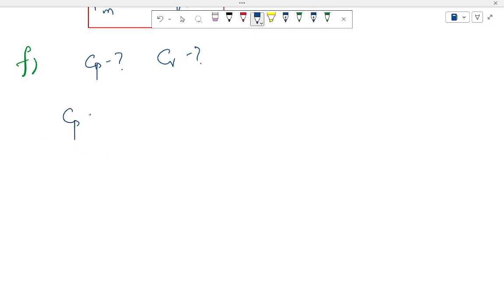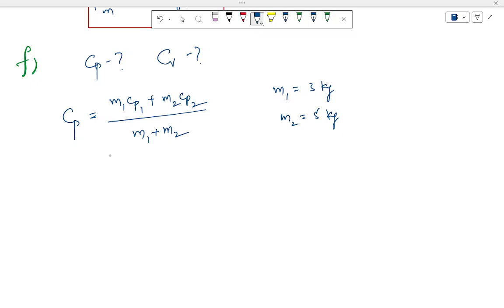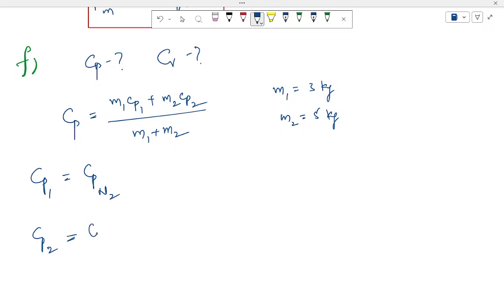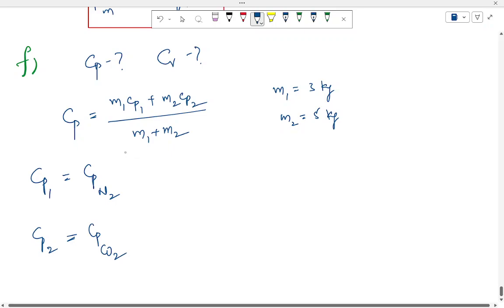If you go with the Cp formula, the Cp will be equal to m1 Cp1 plus m2 Cp2 by m1 plus m2. In this, I know that the m1 value is 3 kg and the m2 value is 5 kg, and I should get the Cp1 value and the Cp2 value here. The Cp1 is nothing but the Cp of nitrogen, and the Cp2 is nothing but the Cp of carbon dioxide.